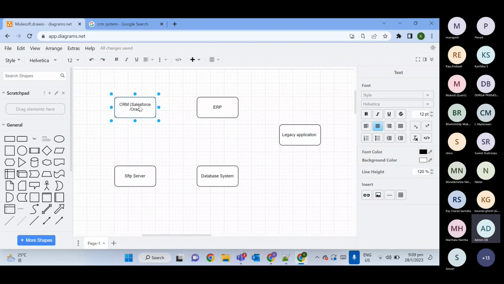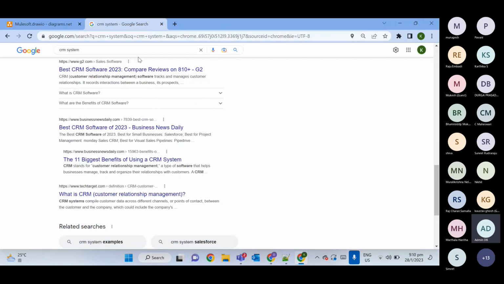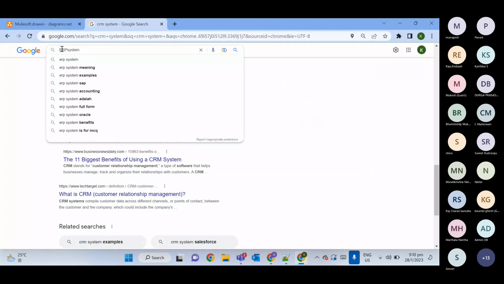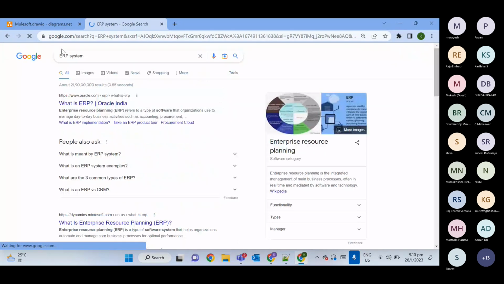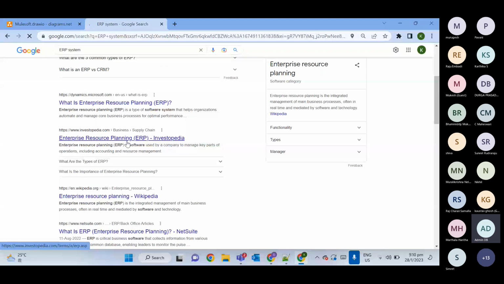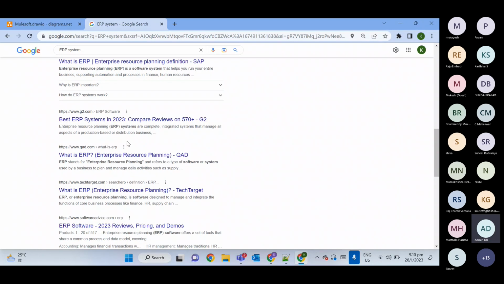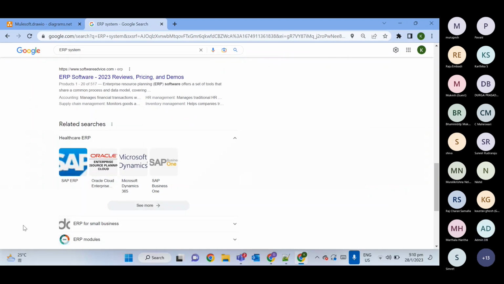For ERP, the big providers are SAP, Oracle, and Microsoft. So SAP and Oracle.